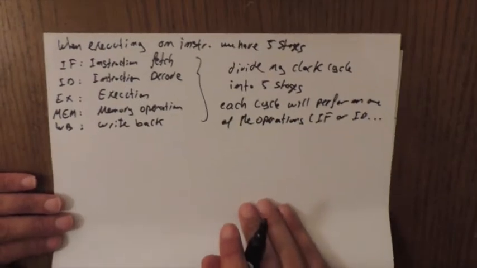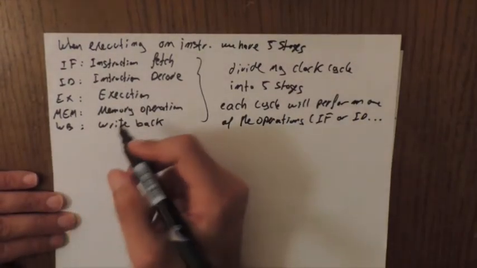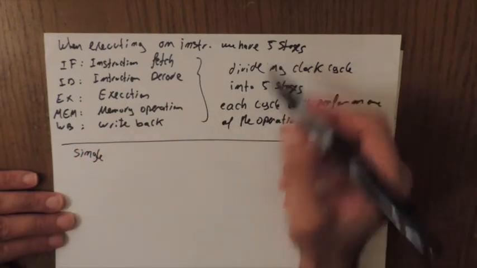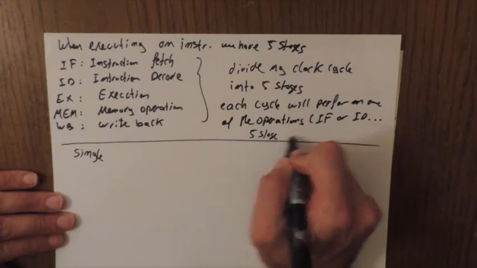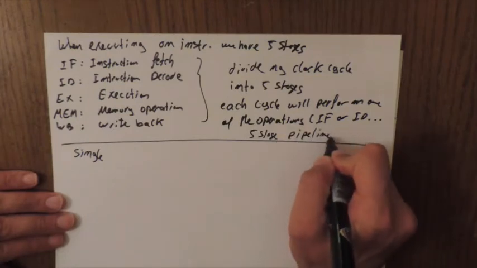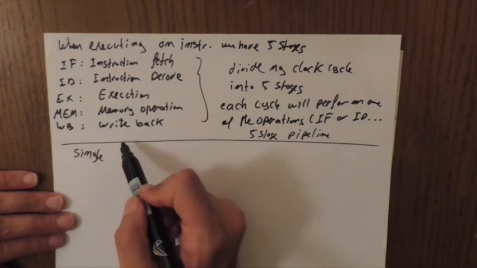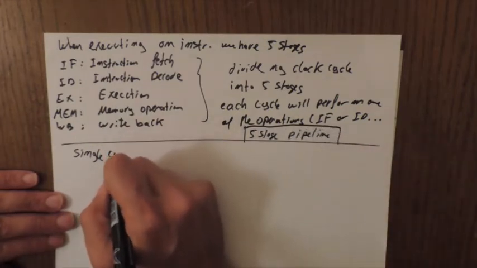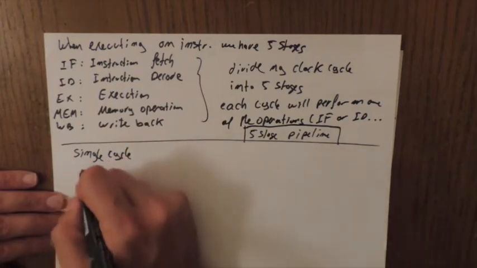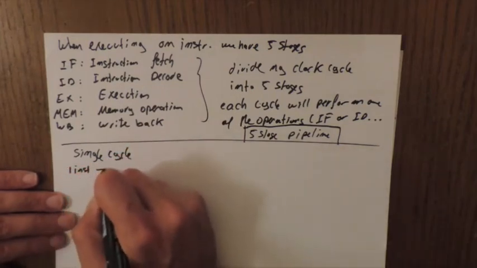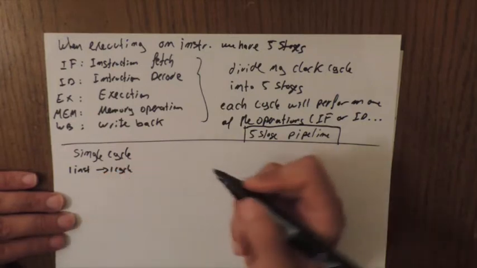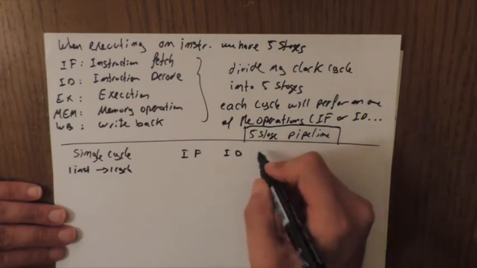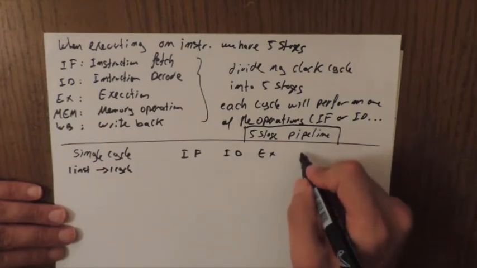So imagine I have a big table. So let's say I have a single cycle. So I'm going to call this 5-stage pipeline because I'm dividing the operation into 5 stages. Remember this word. So with a single cycle, each instruction, as we said before, takes 1 cycle. Let's say I was able to measure the time needed for each stage.